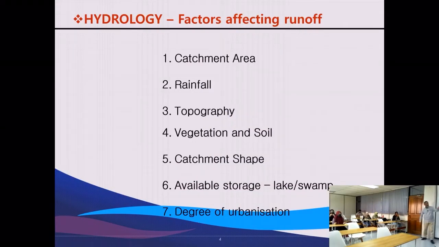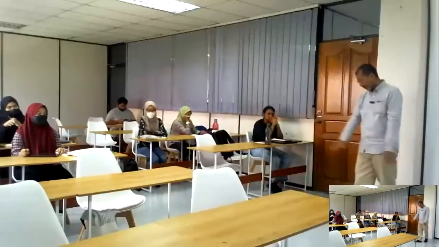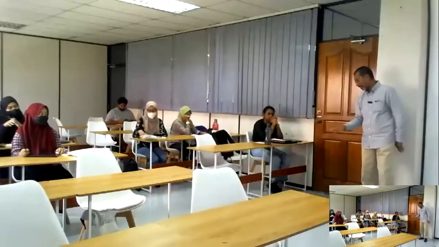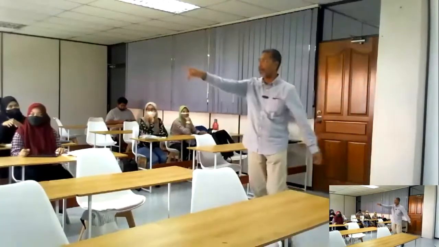And of course, number 7 is degree of urbanization. Why degree of urbanization? Because urbanization will cause the soil to be covered. Water cannot go into the soil. You can cover the soil, for example, with concrete like this, so no water, 100% of water goes away. Partially covered, for example, this building outside there is some slope, there is some green area, below there is a road.